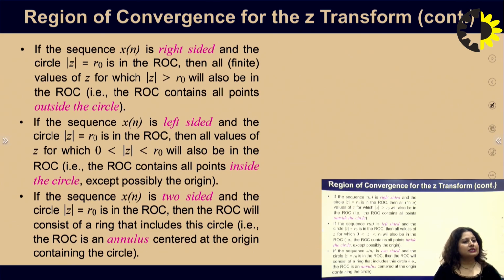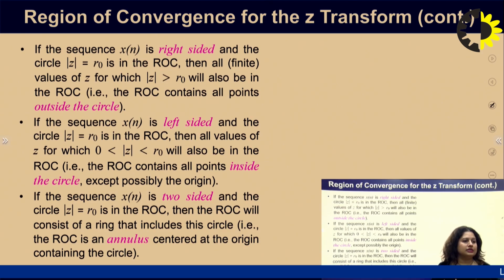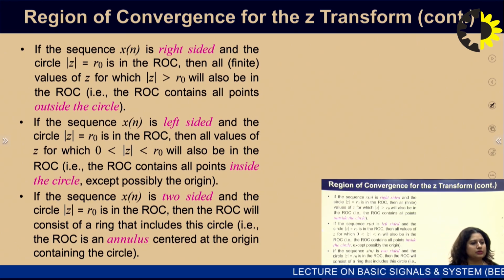If the sequence x n is left sided and the circle mod z equal to r0 is in the ROC, then all values of z for which mod z is greater than 0 and less than r0 will also be in the ROC. Thus, the ROC contains all points inside the circle except possibly the origin.